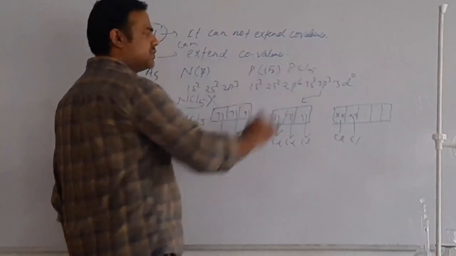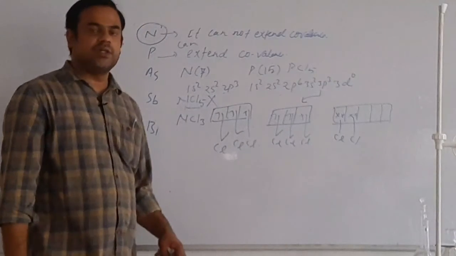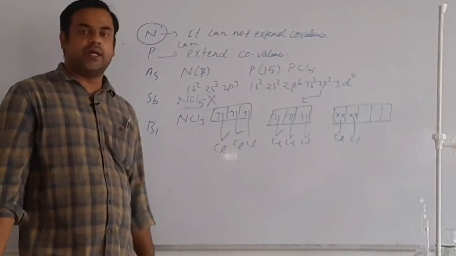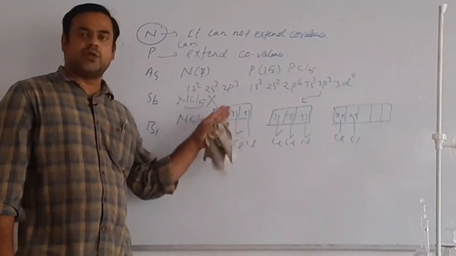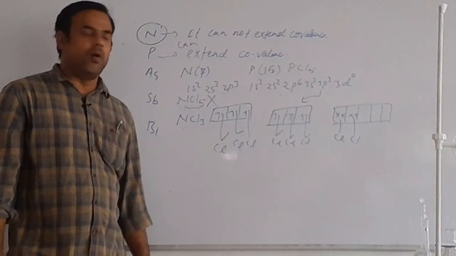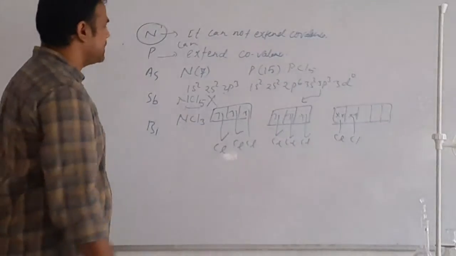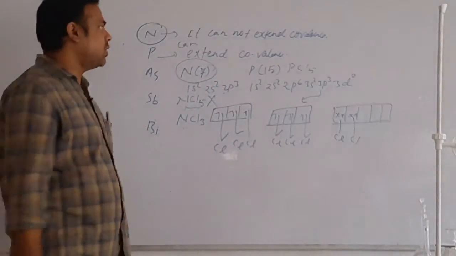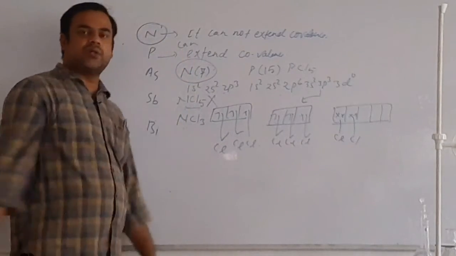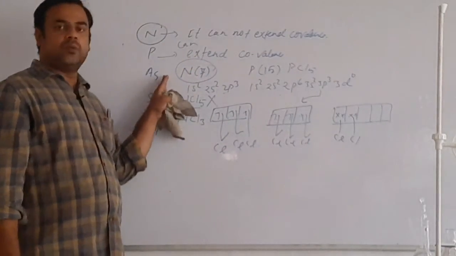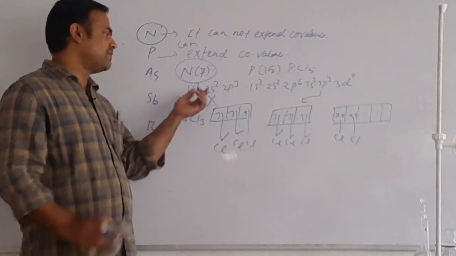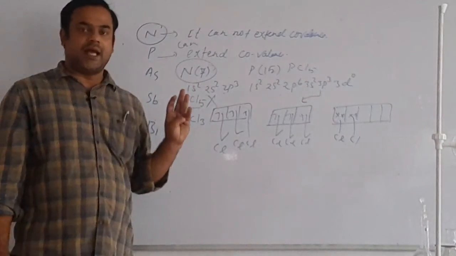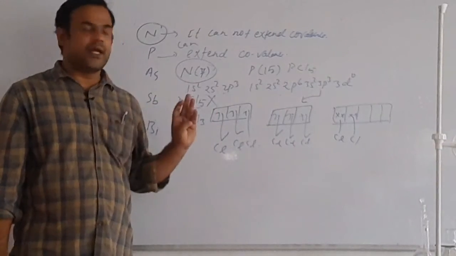One question comes in the board examination: PCl5 exists but not NCl5. Why? Because N does not contain a vacant d orbital. The second thing is that the size of nitrogen is very small, as well as its electronegativity is very high. There are 3 important points you have to remember in the case of nitrogen. First, it has no vacant d orbital.